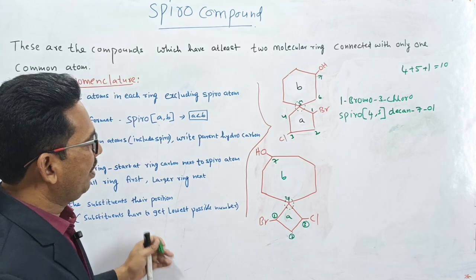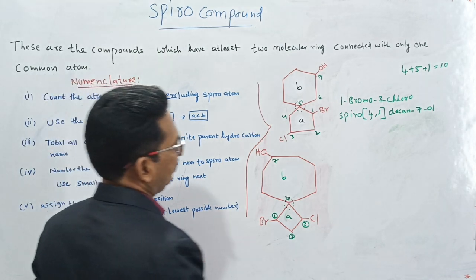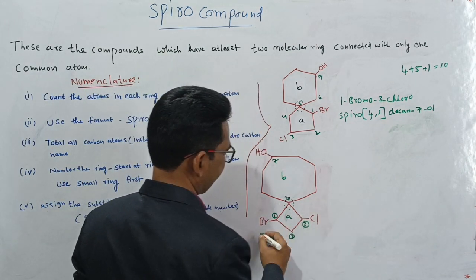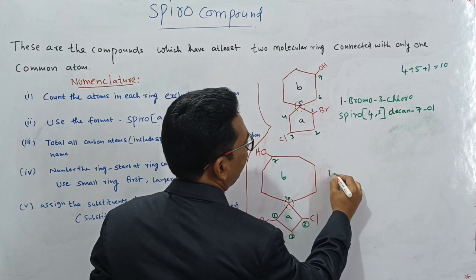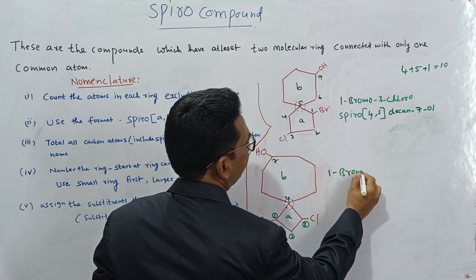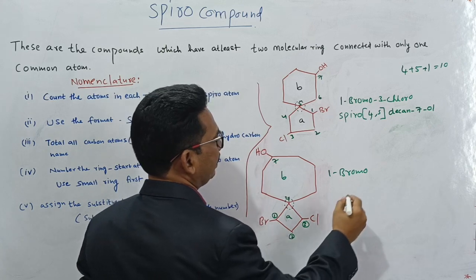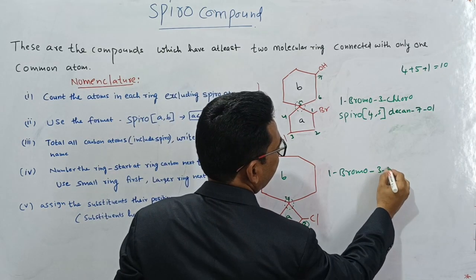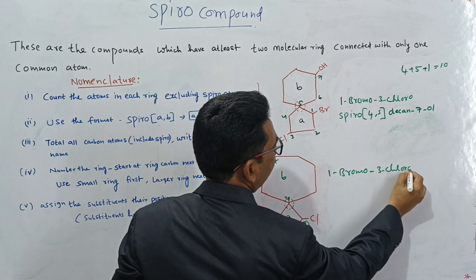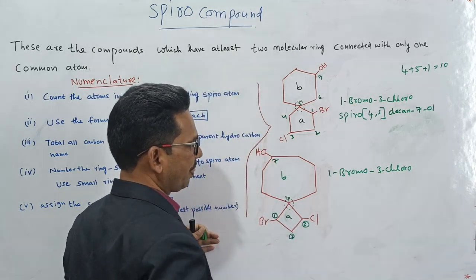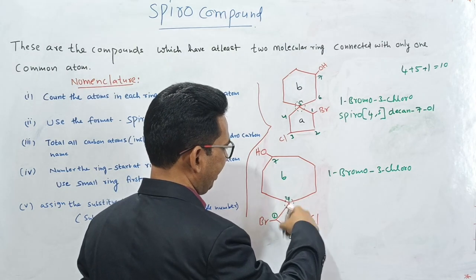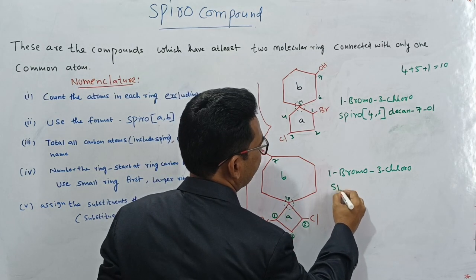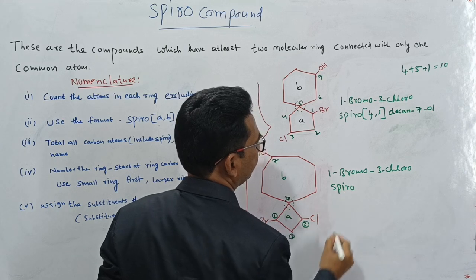I have given the numbering. Now I am writing. What are the substituents present? 1 bromo, 3 chloro. The next: it is a Spiro compound, that's why Spiro.